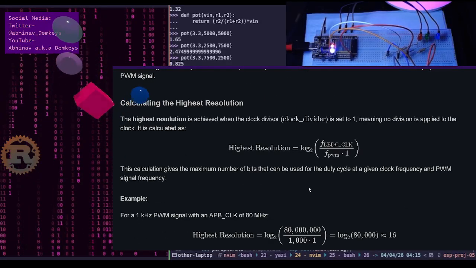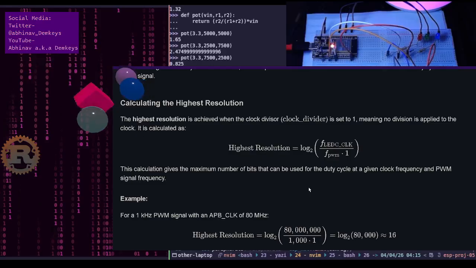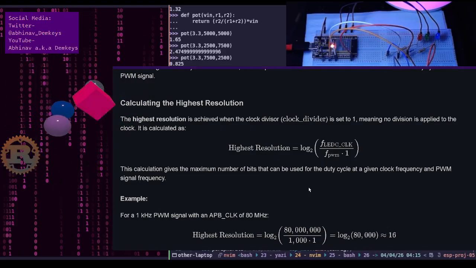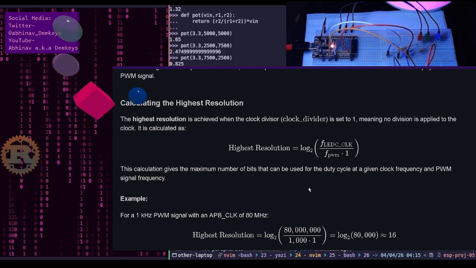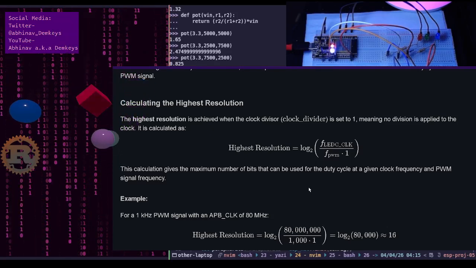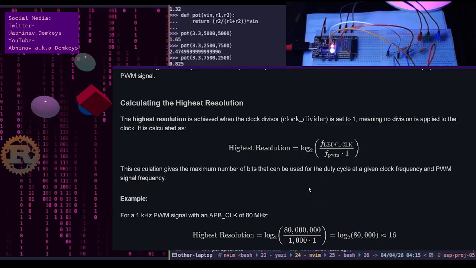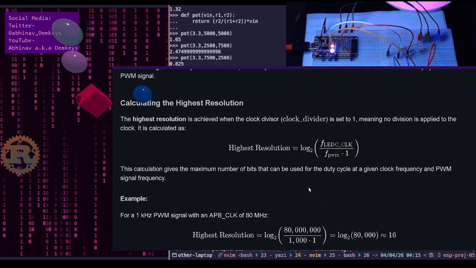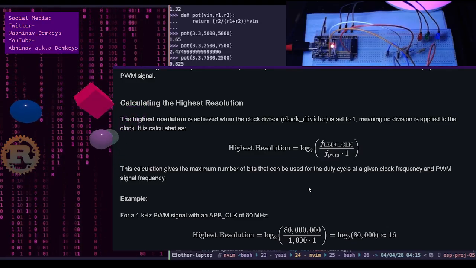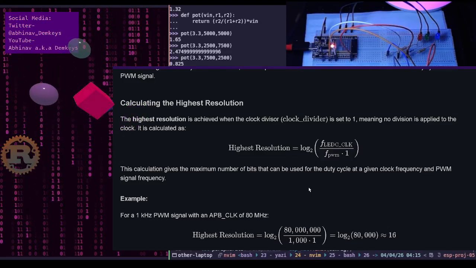Calculating the highest resolution. The highest resolution is achieved when the clock divisor is set to 1, meaning no division is applied to the clock. It's calculated as so and so. So that's the clock divided by the frequency multiplied by 1 for some reason.